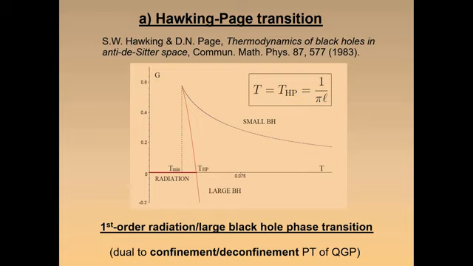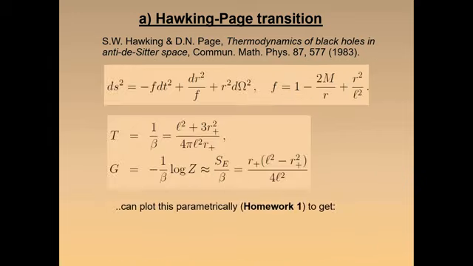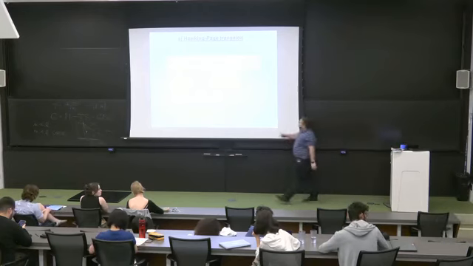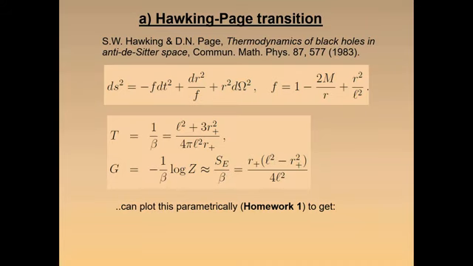It happens when the free energy of the black hole becomes 0. If you look at the free energy of the black hole, from the previous formula, this thing here must become 0.